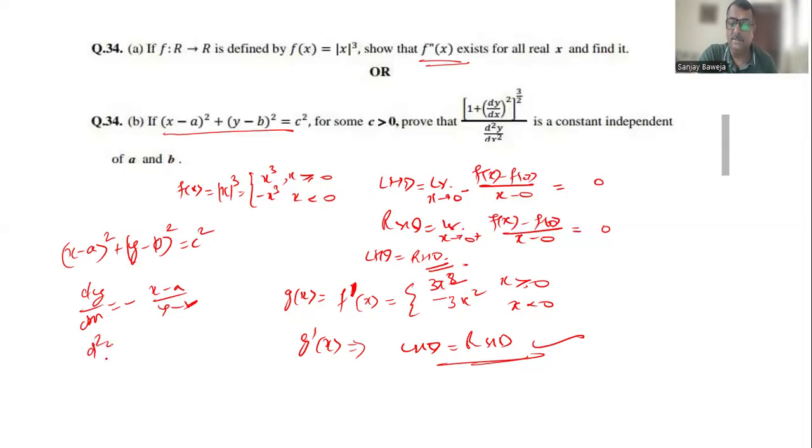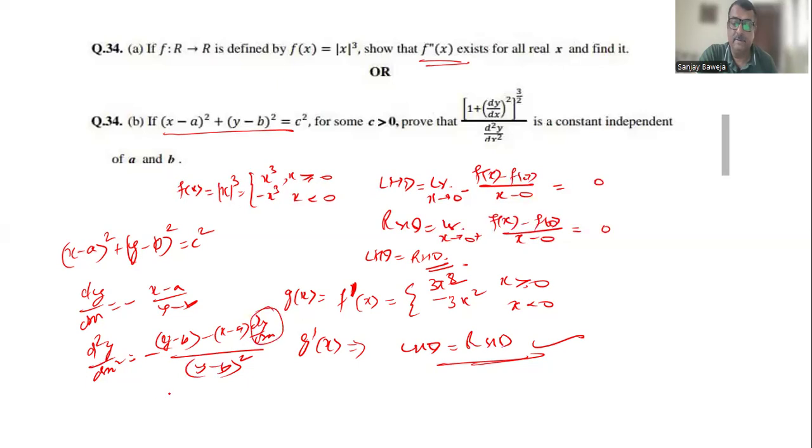Then you find out the second derivative from this, right? So you will get (y minus b) minus (x minus a) into dy by dx, divided by (y minus b) the whole square.